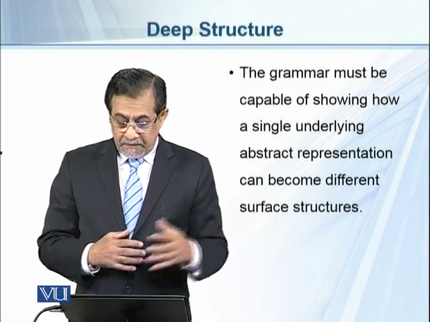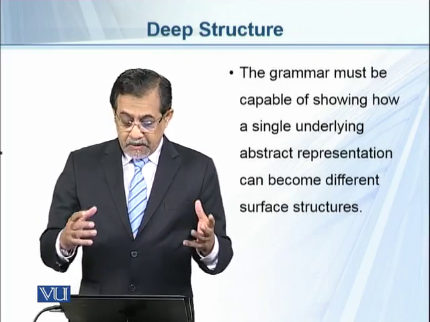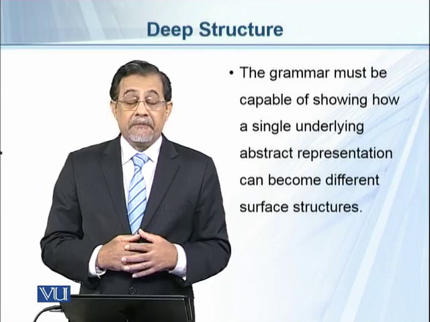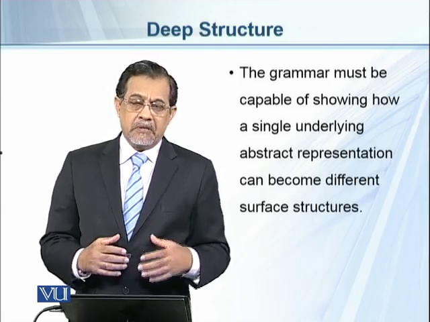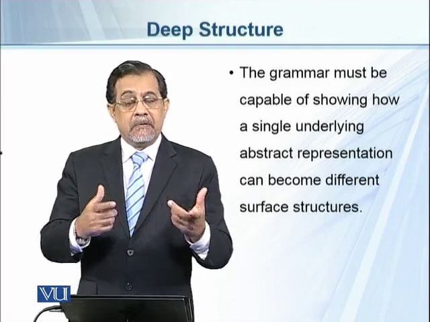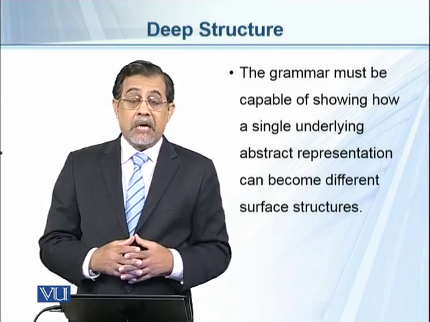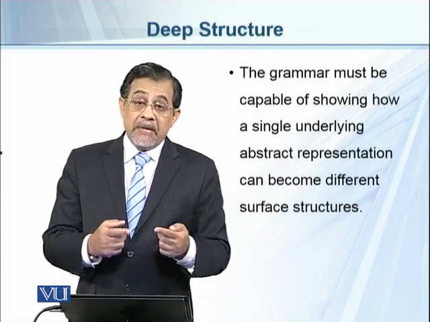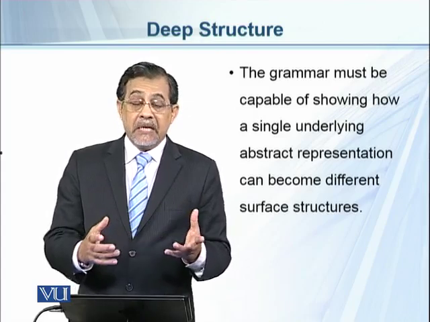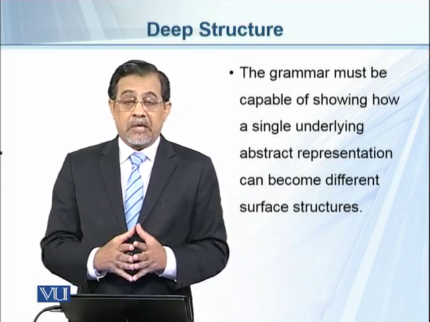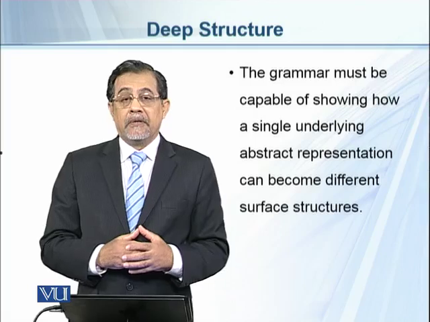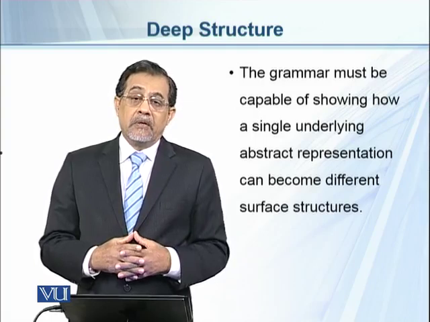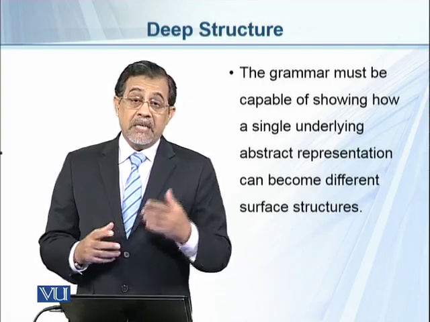As we have just seen, Charlie broke the window. It can be the window was broken by Charlie. It can be it was Charlie who broke the window, or did Charlie break the window, or Charlie didn't break the window. So there can be so many structures at the surface level. So this is something about deep structure, which we sometimes call D structure.